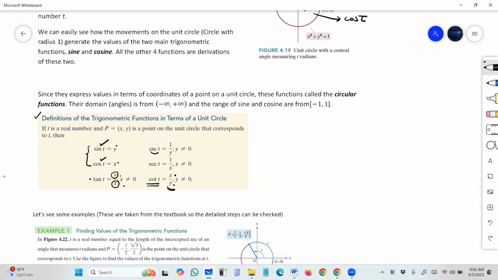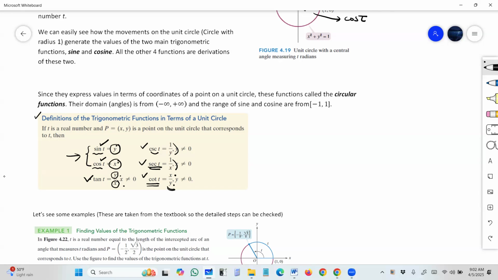Cosecant is 1 over Y, provided that Y is not 0. And secant is 1 over X, provided that X is not 0. So the two main ones are determined from the movements along the unit circle, sine and cosine. Tangent, cosecant, secant, and cotangent are all derivations of sine and cosine.